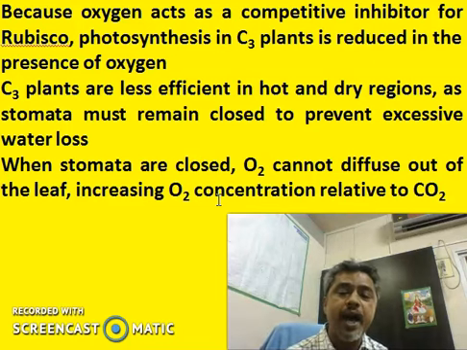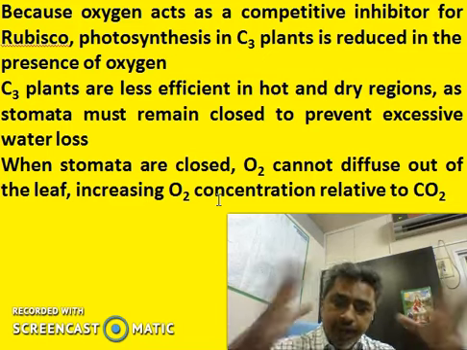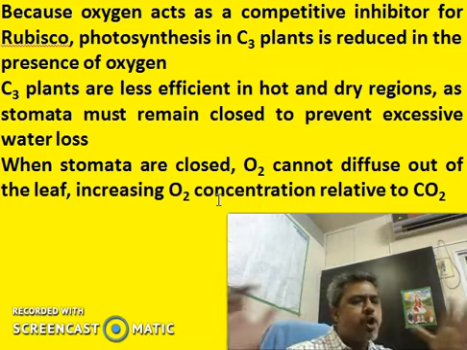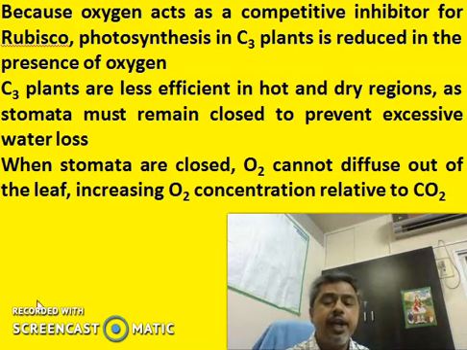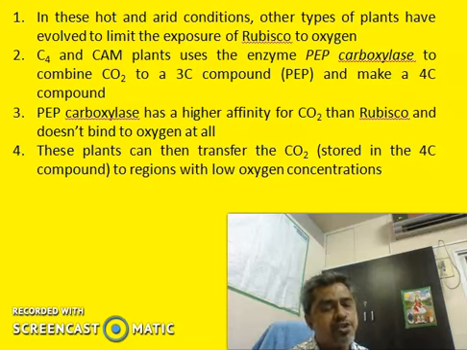Now C3 plants are less efficient in hot and dry regions, as stomata must remain closed to prevent excessive water loss. When stomata are closed, O2 cannot diffuse out of the leaf, increasing O2 concentration relative to CO2. So in these hot and arid conditions, other types of plants have evolved to limit the exposure of Rubisco to oxygen.